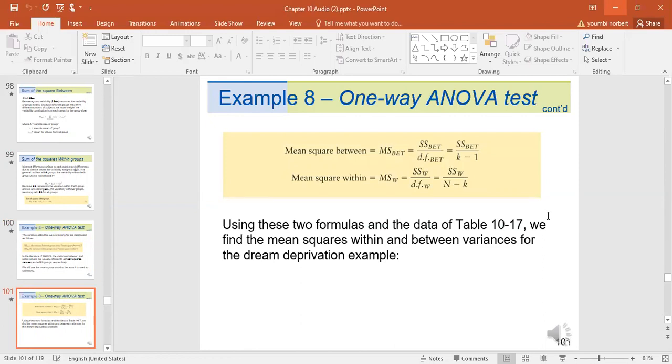So the mean sum of the square between will be sum of the square between divided by k minus 1. And the mean sum of the square within will be sum of the square within divided by n minus k. Actually, sum of the square total is. So the within is taking each sample and its sum of the square.